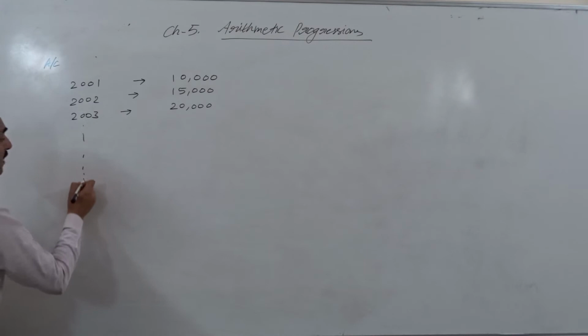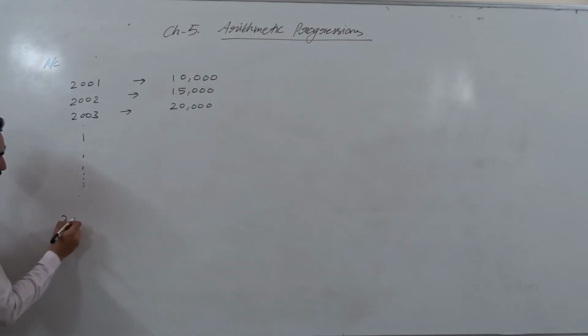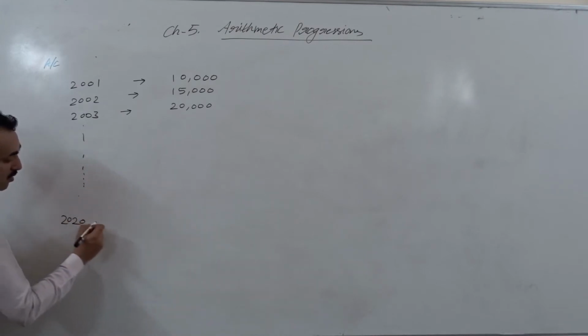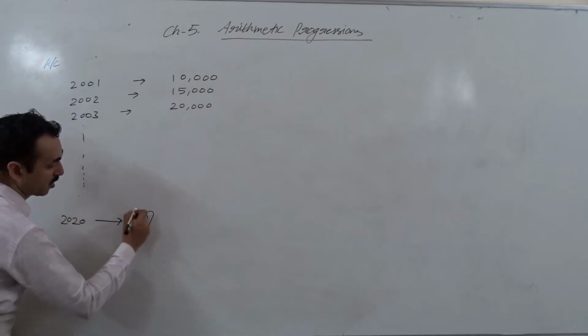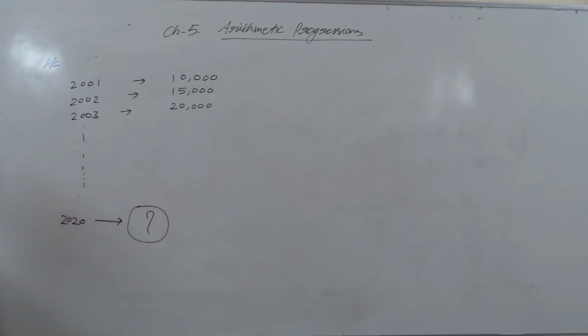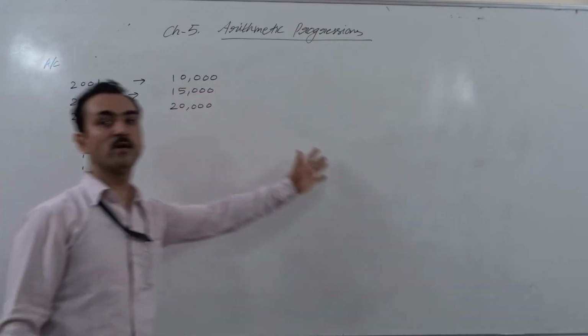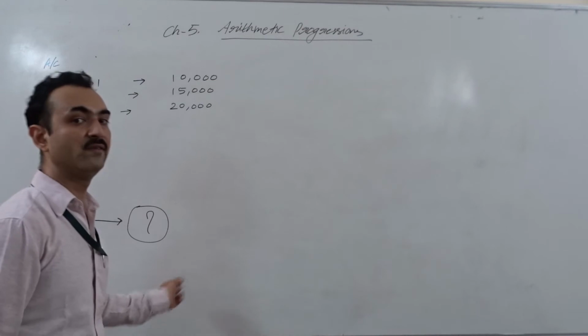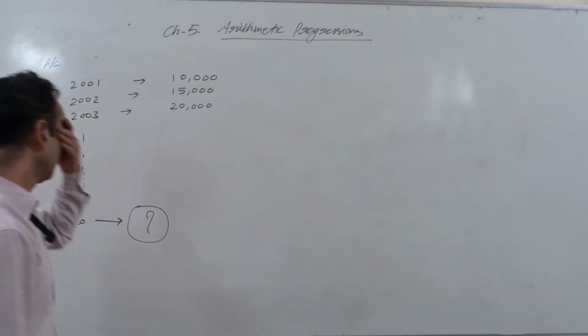Now you have to find how much total money is in your account at the end of 2020. By using the concept we are going to learn, you can find it within seconds.